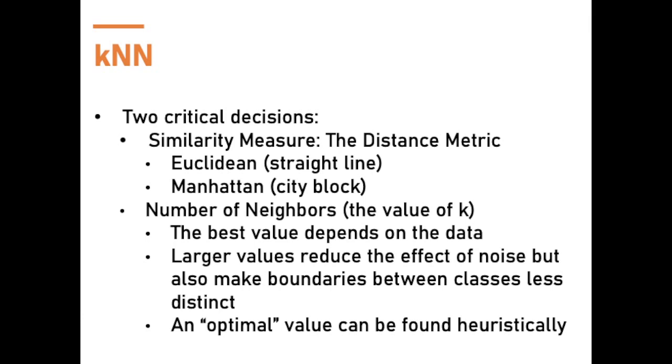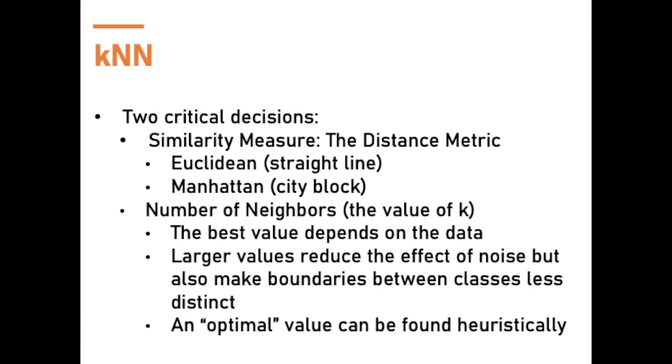The previous video shows the two most popular distance metrics, which are the Euclidean and Manhattan. The Euclidean distance metric is simply the linear distance between two points in a dimensional space. And the Manhattan distance is a rectilinear distance.